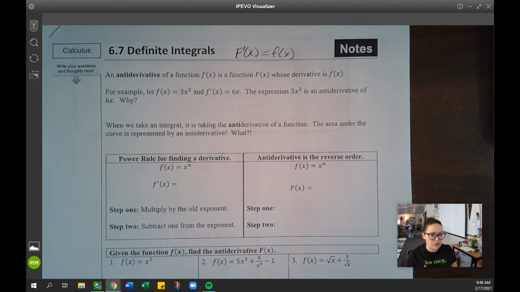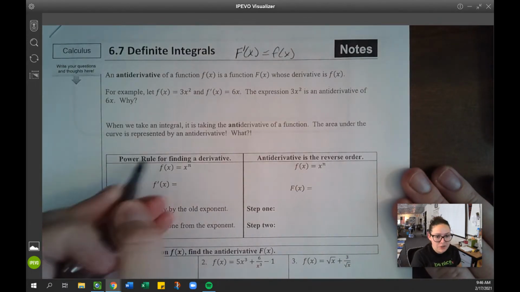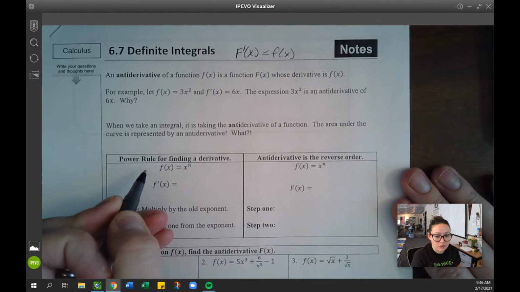You won't have to say, okay, this is the area of a semicircle plus the area of a triangle plus the area of a rectangle. We can actually find the exact area under any curve. It's kind of crazy.